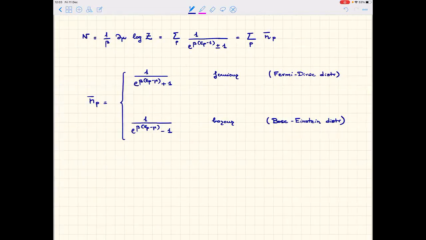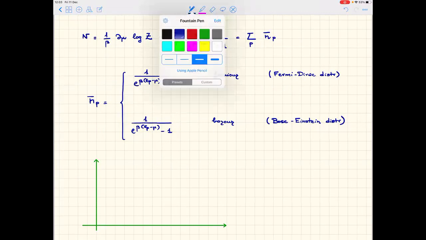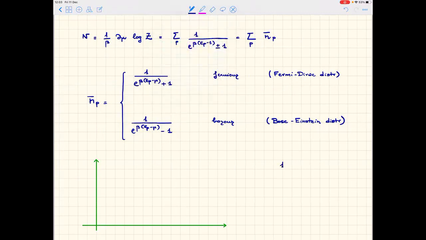So let's now see how these distributions look like. Let us start with the Fermi-Dirac. So the Fermi-Dirac distribution is 1 over e to the beta (epsilon_p minus mu) plus 1.